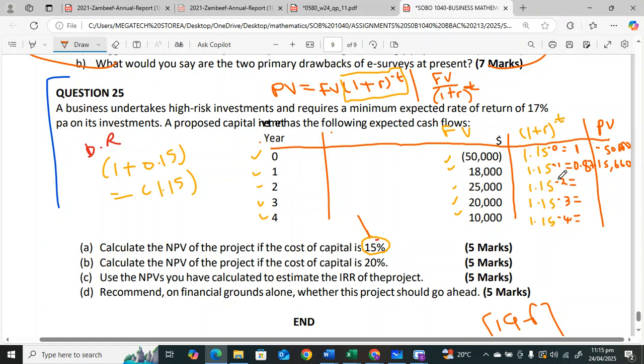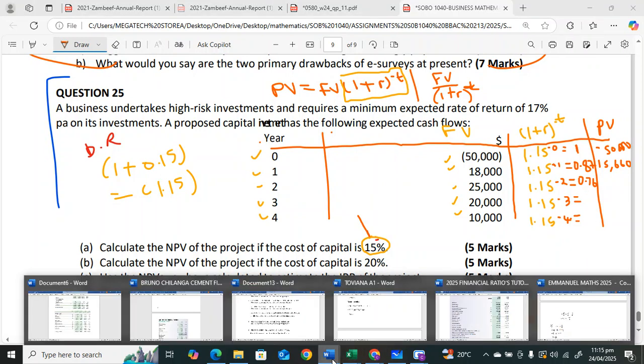1.15 to the power negative 2, what do we get? Okay, 25,000 times 0.76. Let me use this paper here because of the figures.